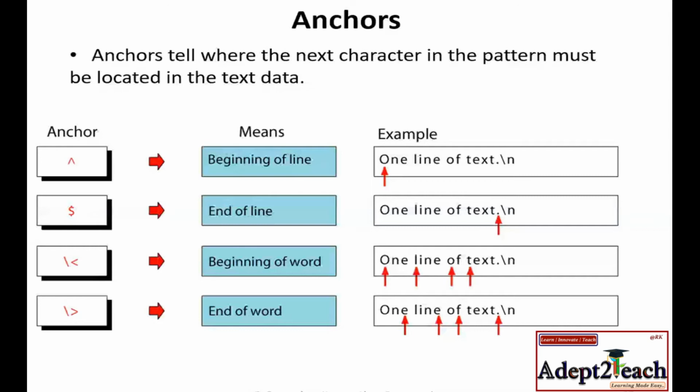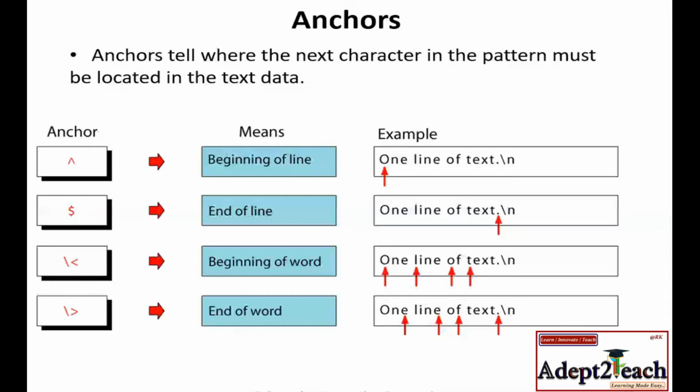Likewise, if I'm looking for a word that should be available at the end of my line, then I can use my dollar sign along with that word. If I'm looking for a pattern match, and that pattern match should be the first character of a word, the beginning of a word, then I will enclose it with a slash followed by a less than sign.